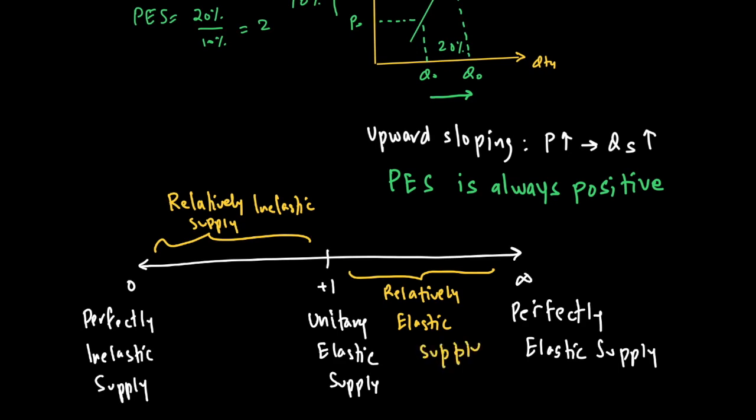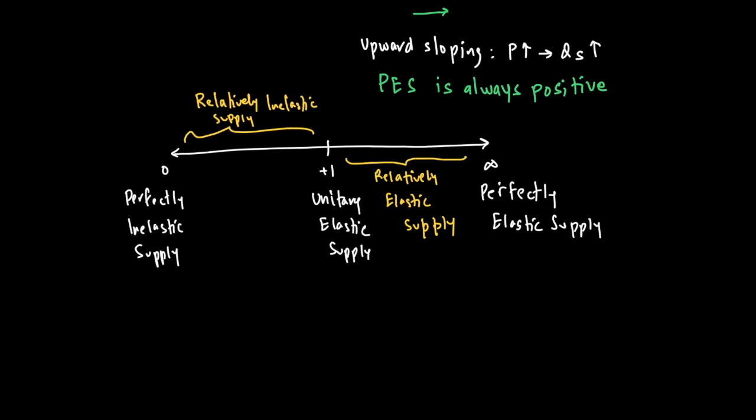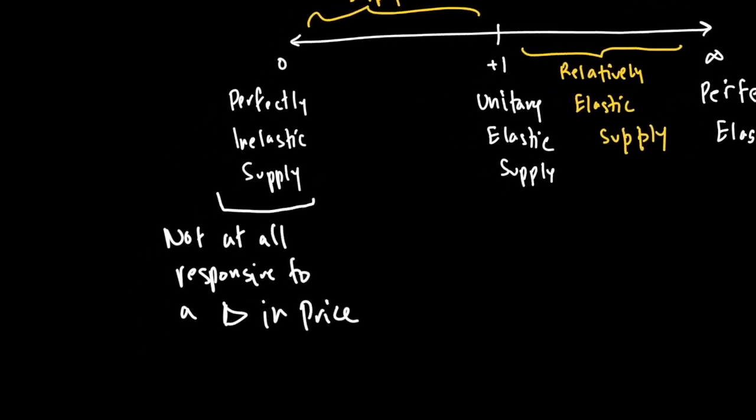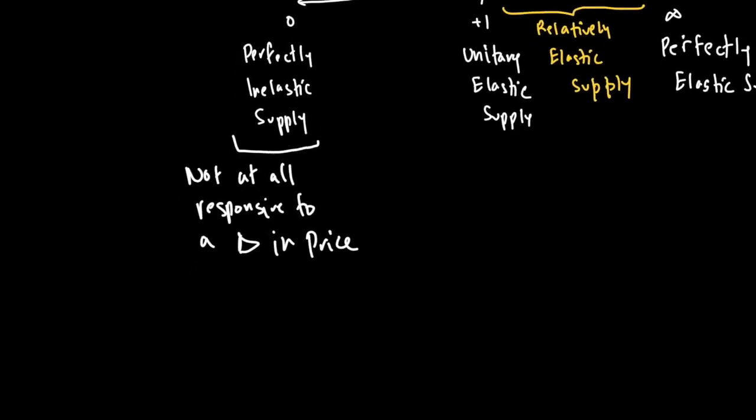Again, as we discussed in PED, when your supply is perfectly inelastic, it is not at all responsive to a change in price. When you have a supply curve which is not at all responsive to a change in price, we sometimes call it fixed supply. Irrespective of what the price is, the supply is fixed.